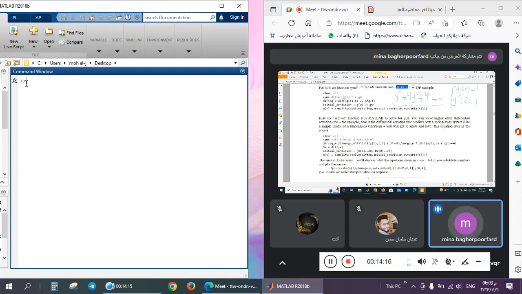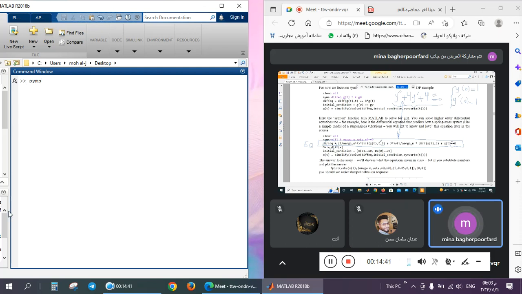You can select any name that you want. Okay. Y second means diff of y of t with respect to t, 2 times. Okay. And y prime is a diff of y of t and t. And use a double equality for this equation.